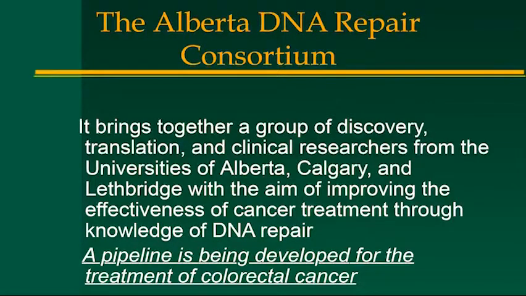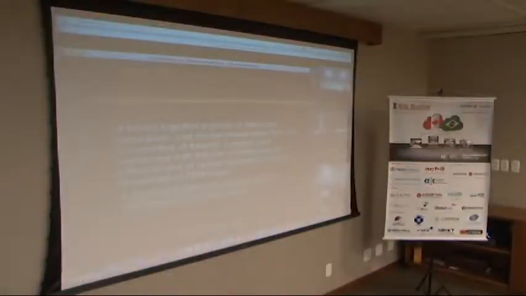Now, the group was created 2 years ago, and they already have a pipeline being developed for the treatment of colorectal cancer. So the Alberta DNA Repair Consortium is another example of an organization within a not-for-profit context that is capable of working on designing new molecules for the treatment of cancer.